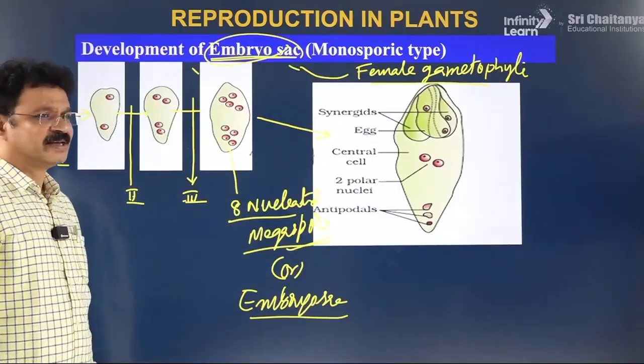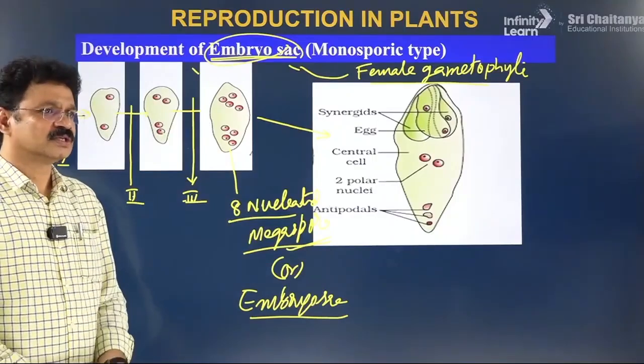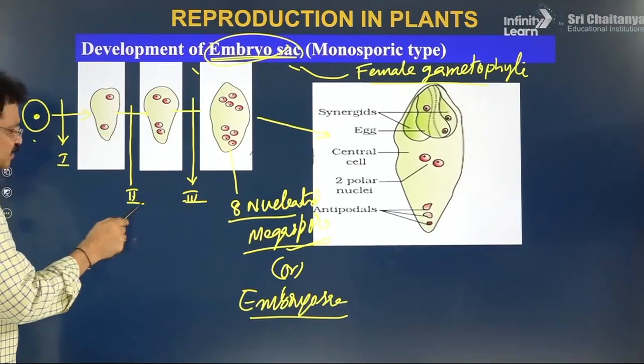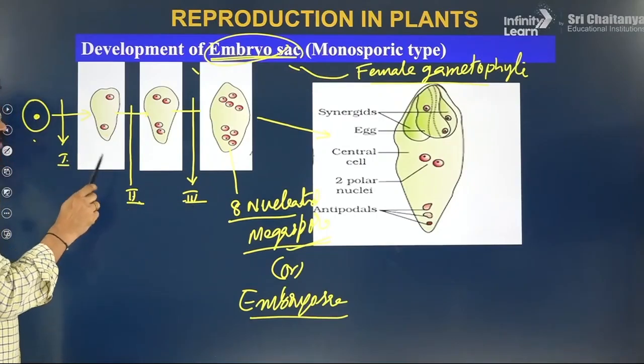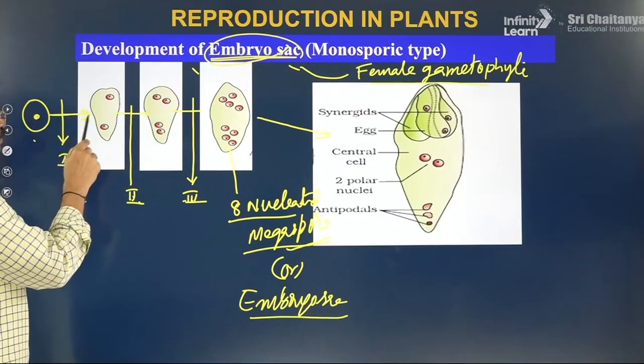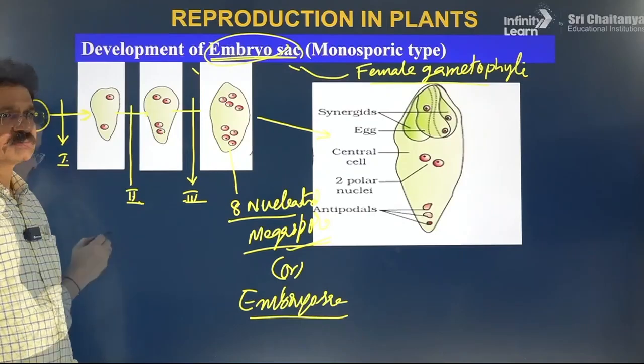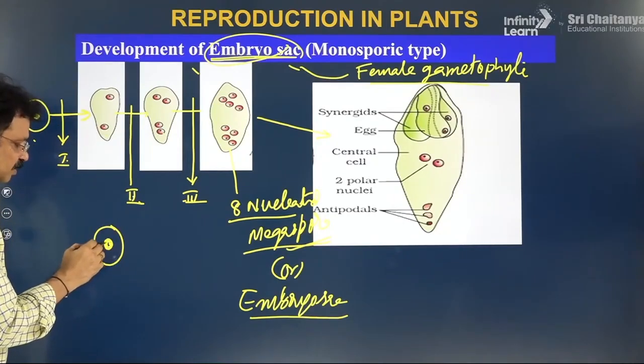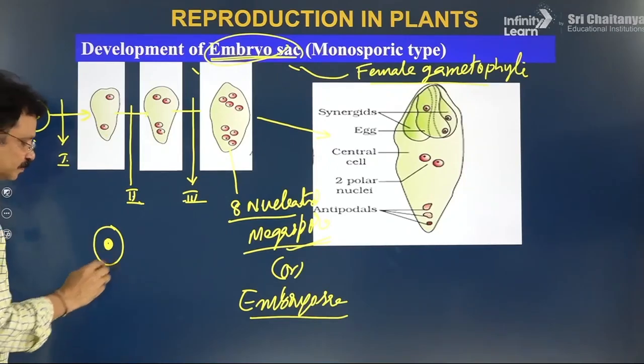Here, be careful to listen to some concepts. In the 3 mitotic generations, only karyokinesis occurs without cytokinesis. You learned this in 8th or 9th class in the mitotic cell division concept. For example, it is a cell with a nucleus.